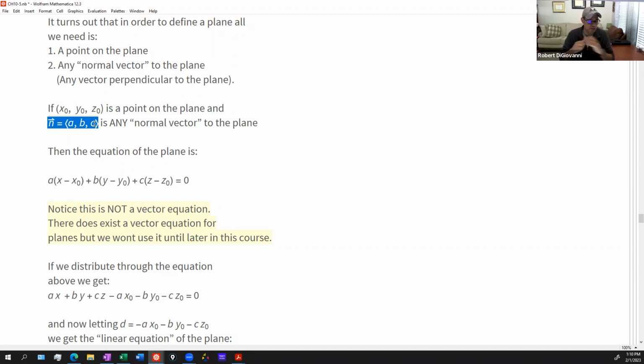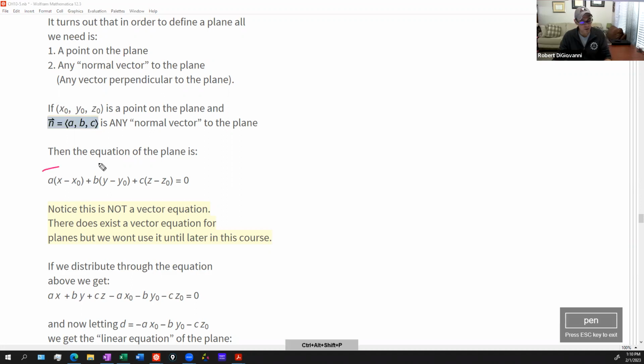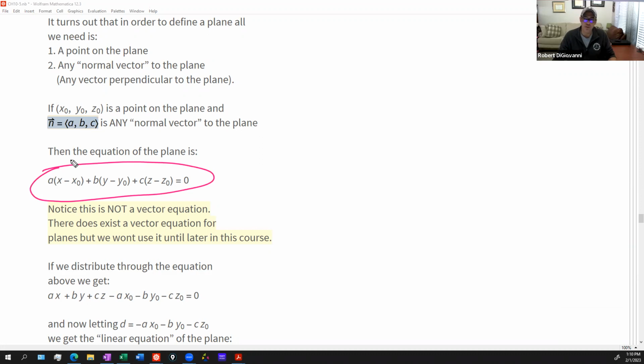And this equation of this plane should be something that looks familiar to you a little bit, right? You may remember seeing something like that in college algebra or somewhere else. That is the generic equation of a plane formula, where the x0, the y0, and the z0 are just the x, y, and z coordinates of the point on the plane.